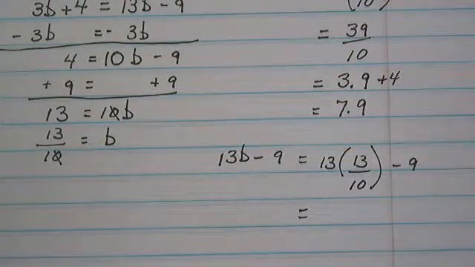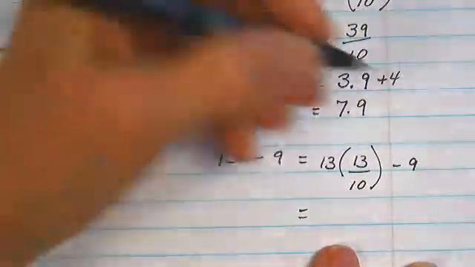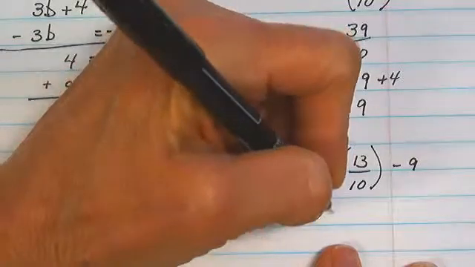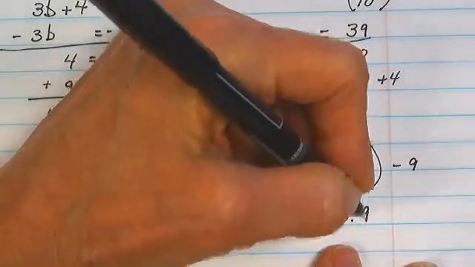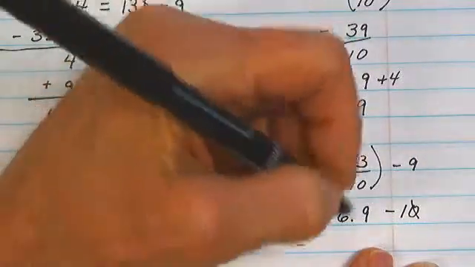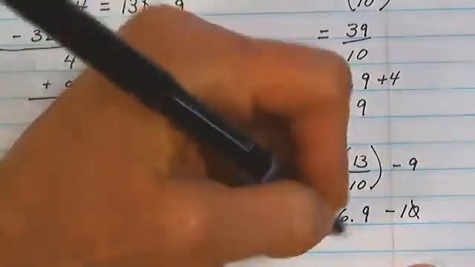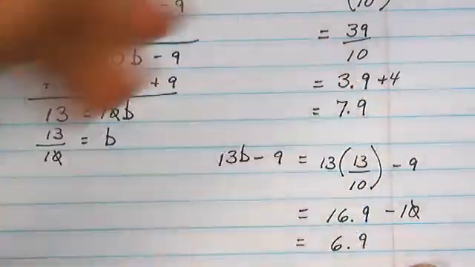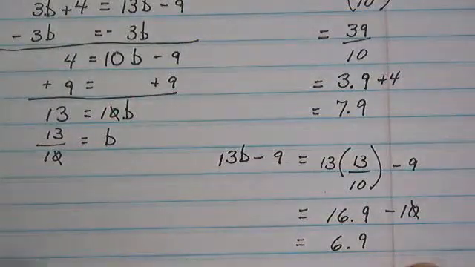Let's see. 13 times 13, 169, divided by 10 is 16.9, minus 9 is equal to 7.9, so we know we have a mistake somewhere.